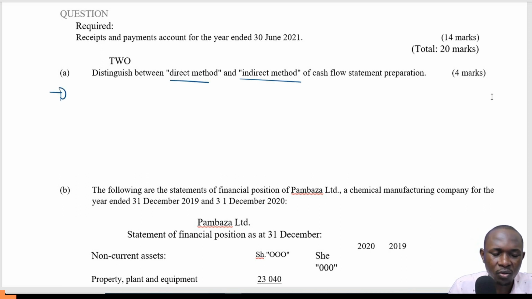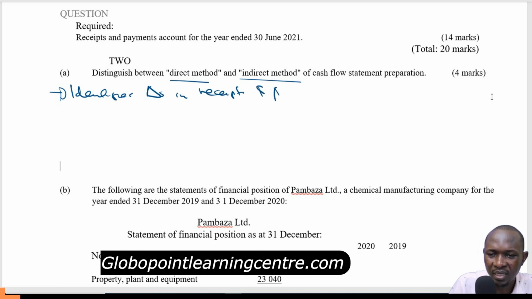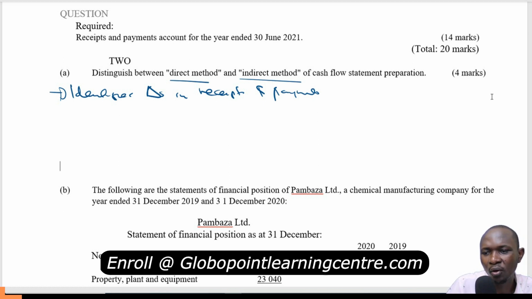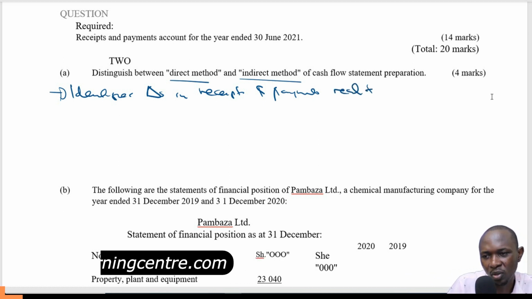Now, the direct method is this method that identifies the changes in receipts and payments almost in real time.